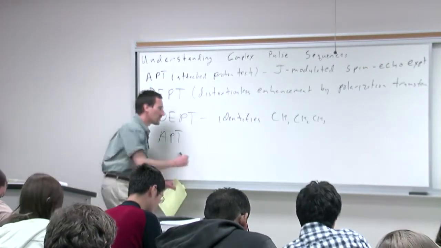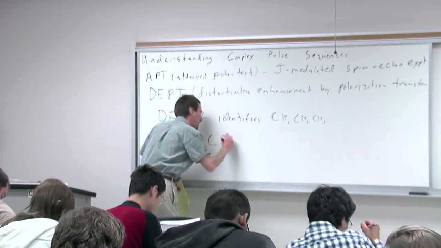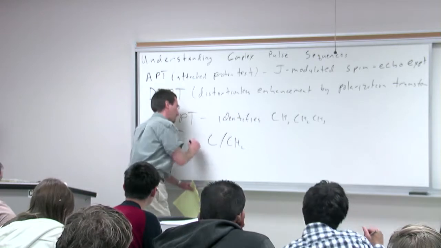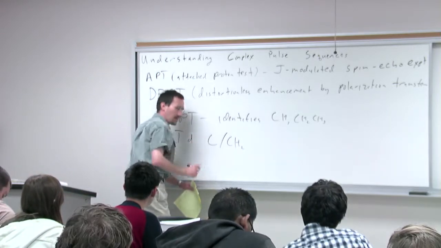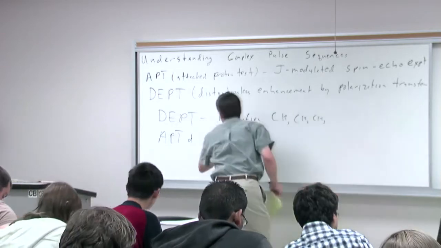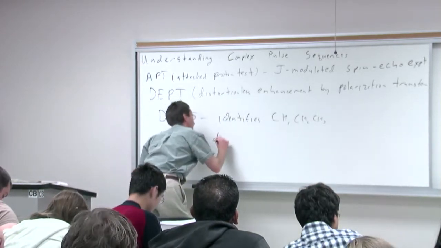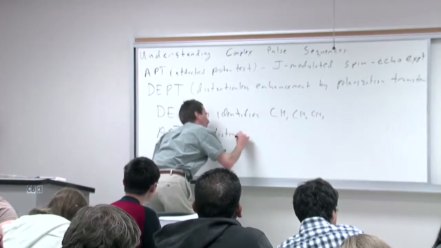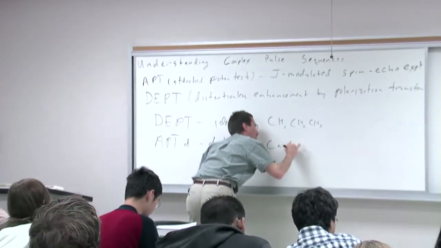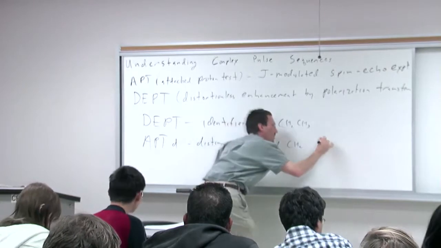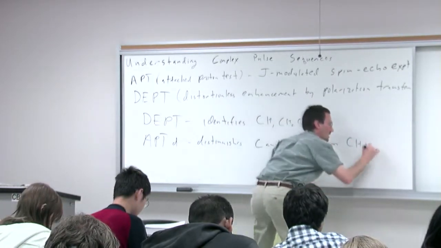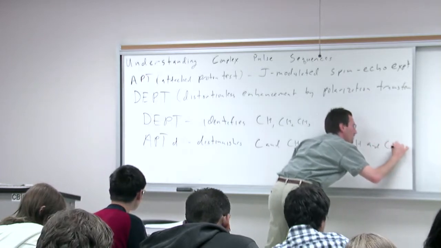It gives you your Cs, your quats, and CH2s and distinguishes them, so I'll say distinguishes, let me maybe put it that way, quat and CH2 from CH, from your methine and methyl.